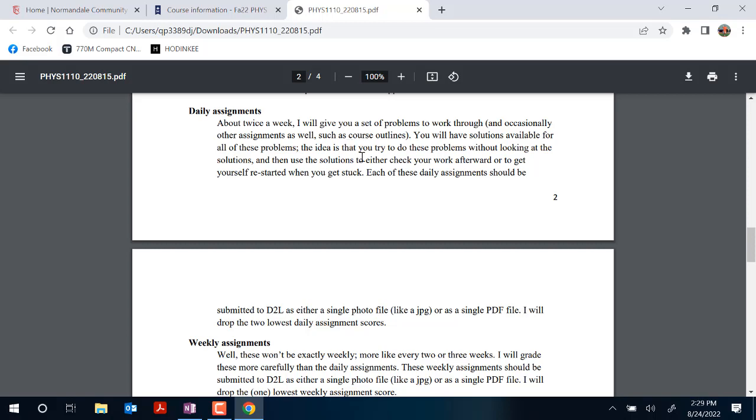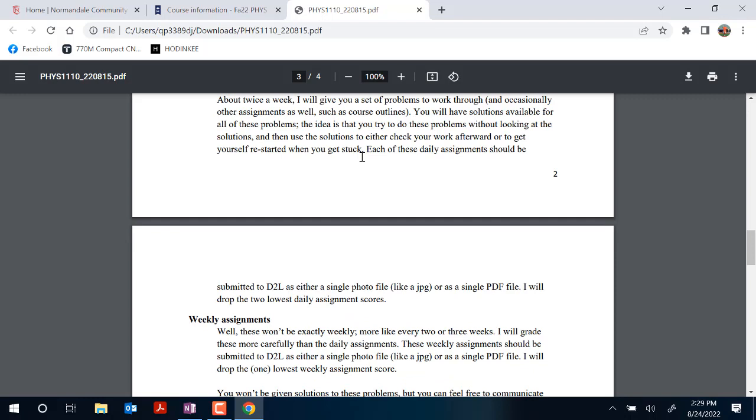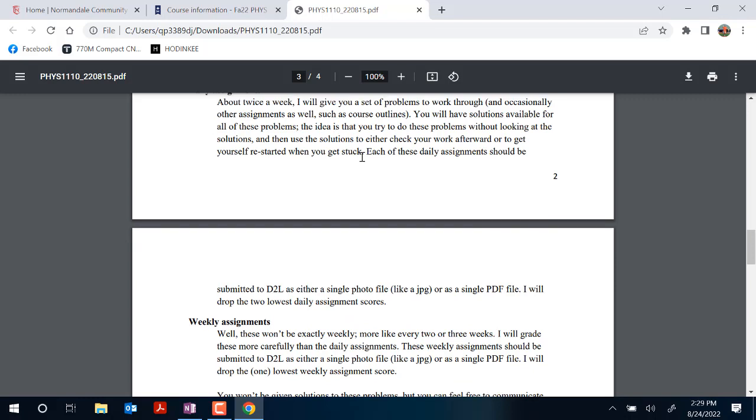But I do want to see your work. I want to see a physical copy of your daily assigned work. Obviously, you could just take the solutions, copy the solutions, and turn that in, and you'd get a full score for your daily assignments. You just wouldn't learn the material well enough to do well on the exam, so it's not a good idea to do that.